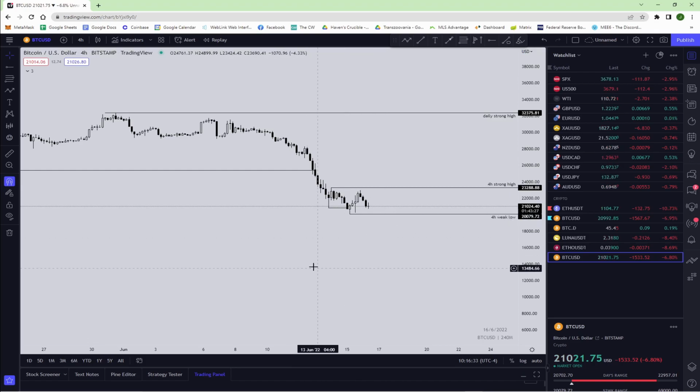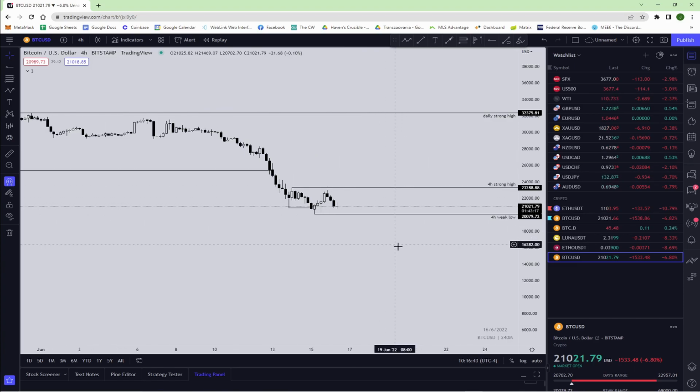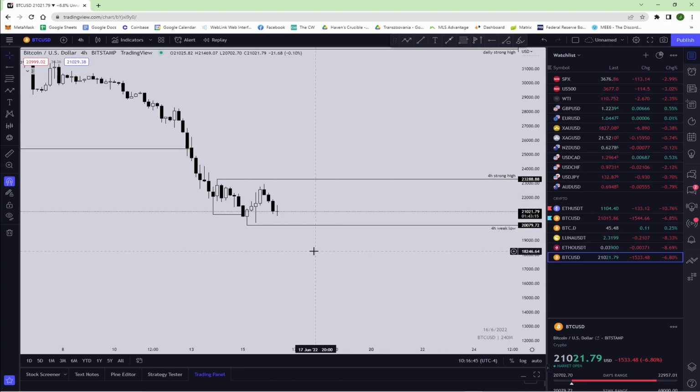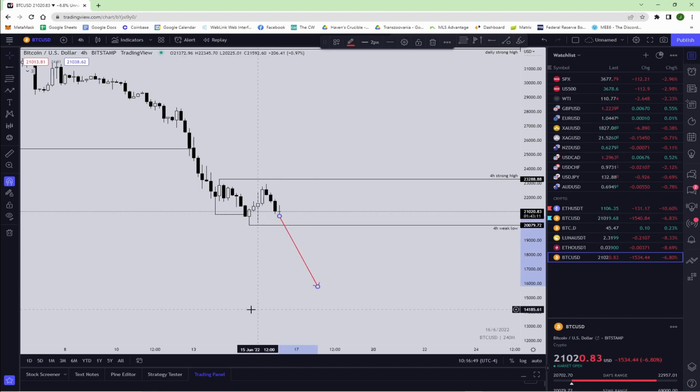Remember, we haven't had a pullback on daily yet, so we don't know what the low is on daily. Don't know until there's a pullback, which this almost was one. Almost. Didn't make it, but it almost was one. I'm anticipating this to continue down, like I just drew, and then eventually have another pullback and continue whatever it's going to do.